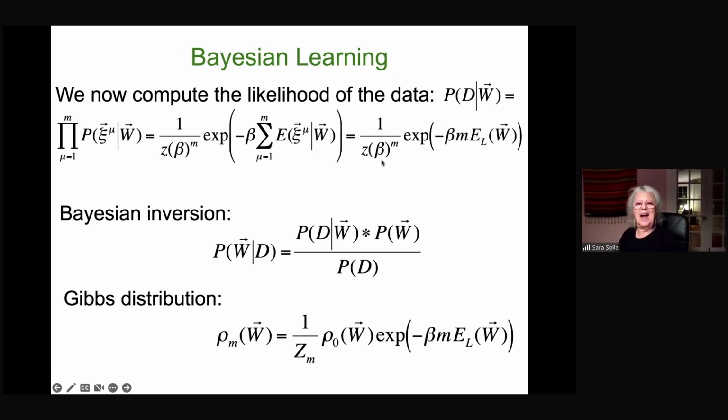Okay, so now what I have is an expression for the probability of the data given W. So from the probability of the data given W, if I multiply by P of W and divide by the probability of the data, I get the probability of W given the data. But I have the probability of W given the data. That was rho m of W, which was 1 over C m, rho 0 of W, e to the minus beta E L of W.